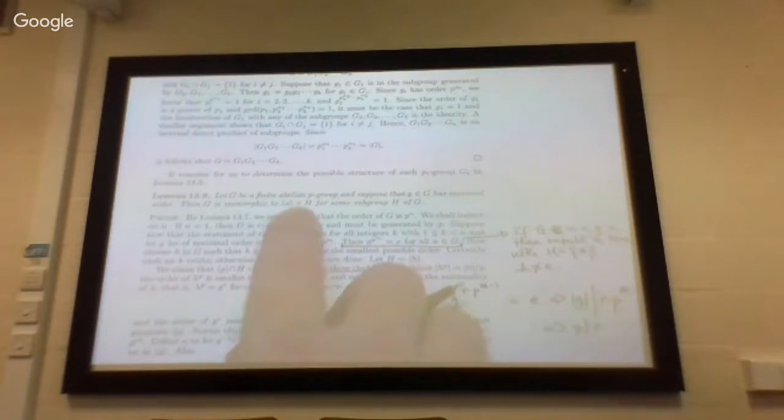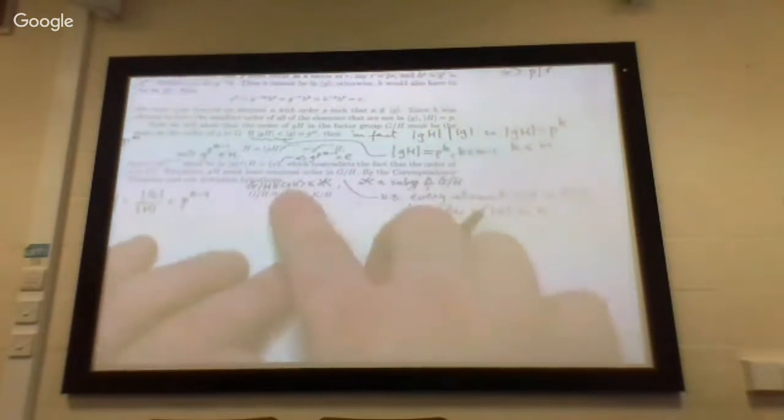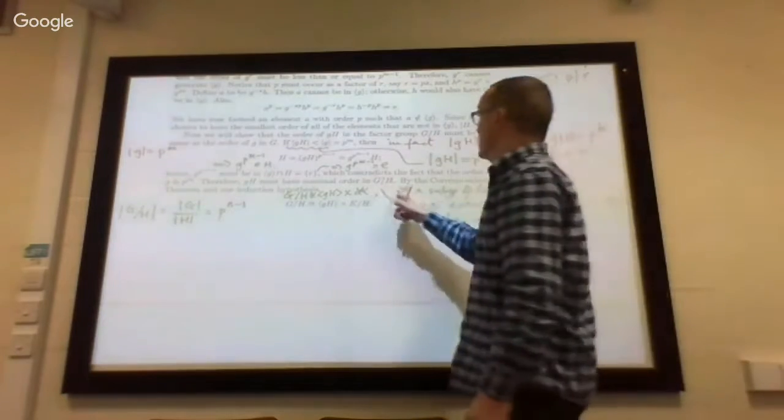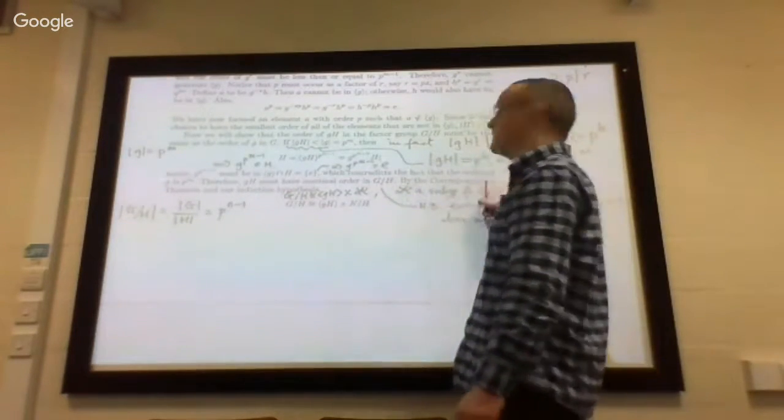You can split off the cyclic subgroup generated by the element of maximal order with a subgroup curly K of G mod H.